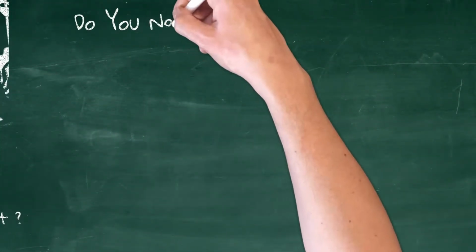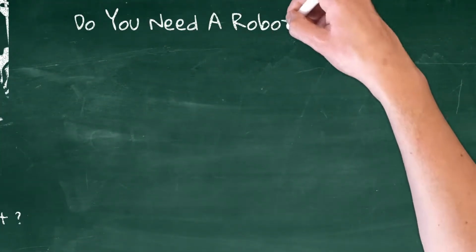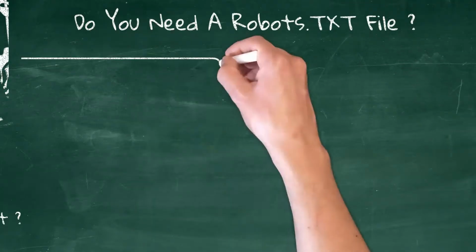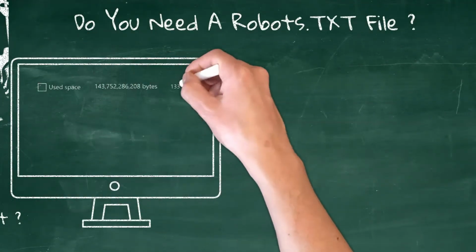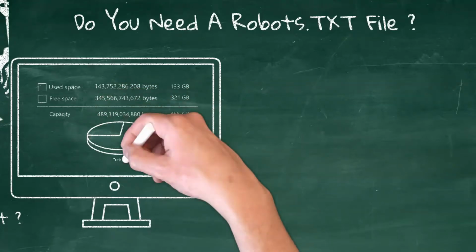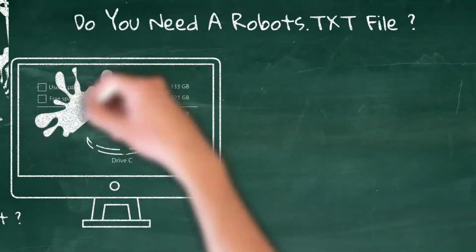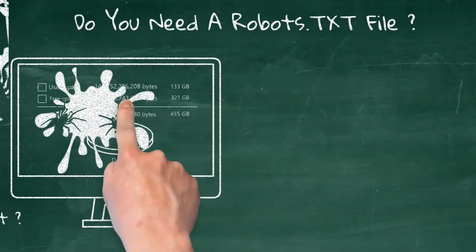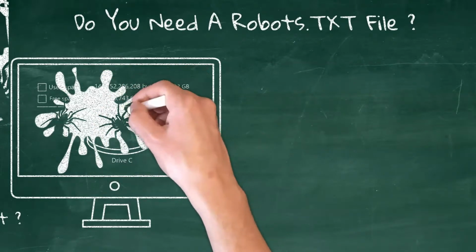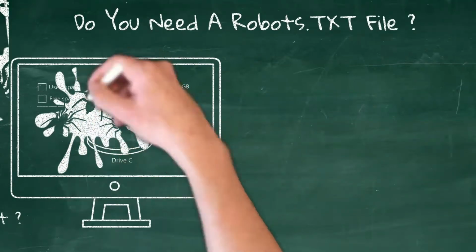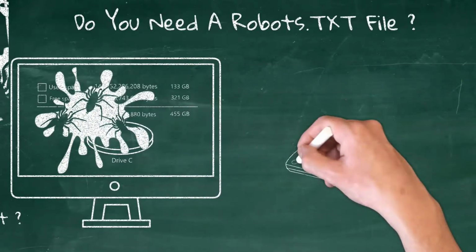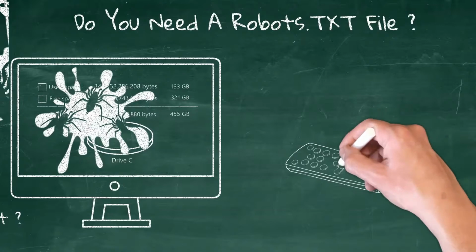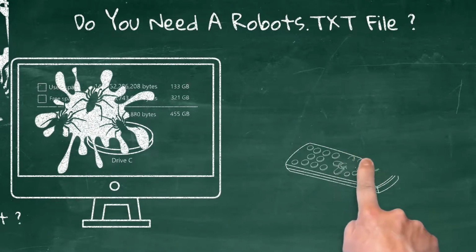So do you need a robots.txt file on your website? Well, having a robots.txt file, like I said before, isn't crucial, especially for small websites. But realistically, there's no good reason not to have one. Even if you have a blog based in Google Blogs, there's no good reason not to have a robots.txt file.